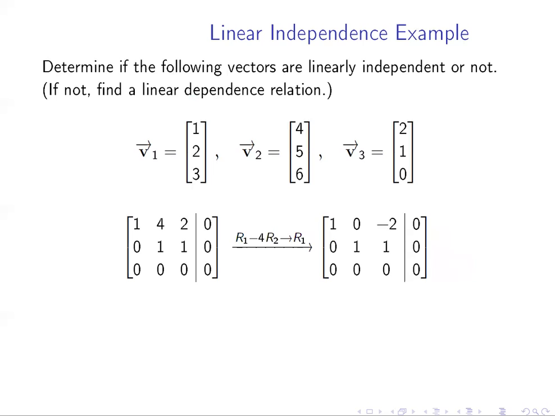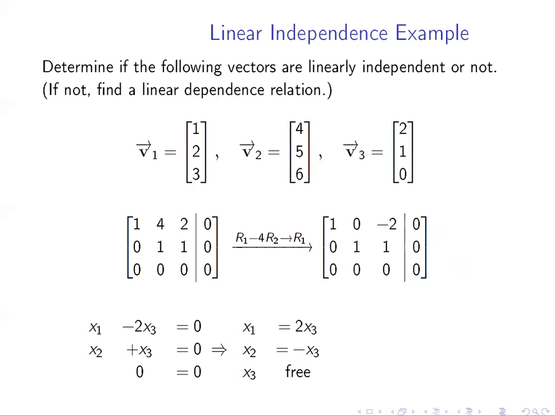Namely, I would then take row 1 minus 4 times row 2. We have this resulting matrix, which if you turn that into a system of equations, we get x1 minus 2 times x3 equals 0, x2 plus x3 equals 0, and 0 equals 0. Or, in other words, x1 equals 2 times x3, x2 is negative x3, and x3 is free.